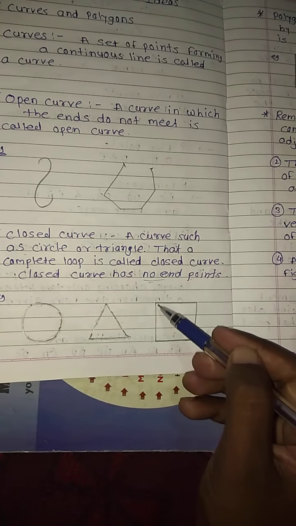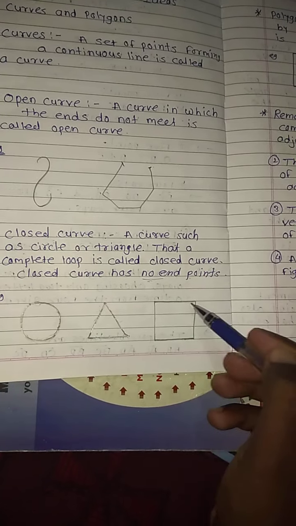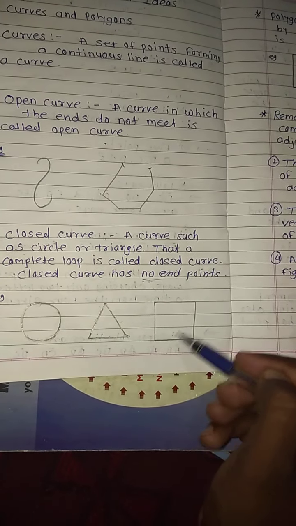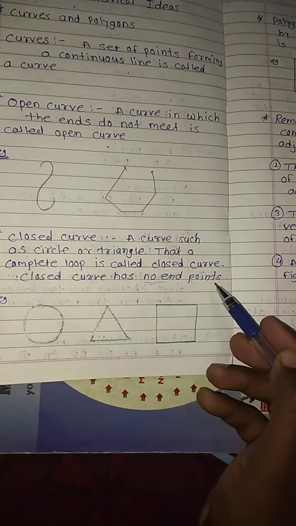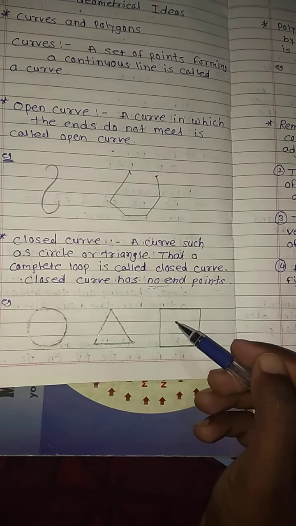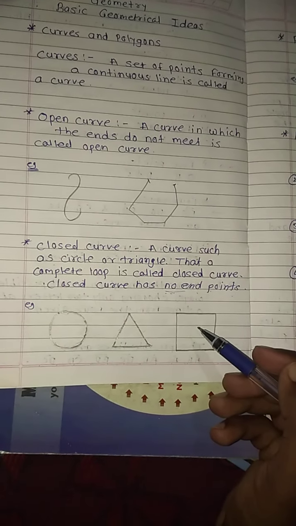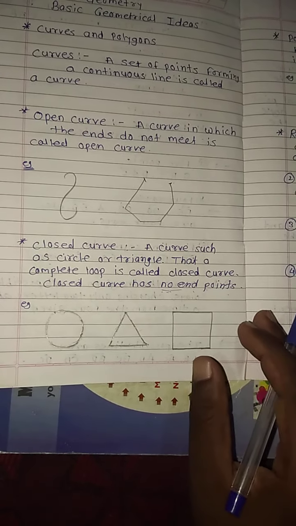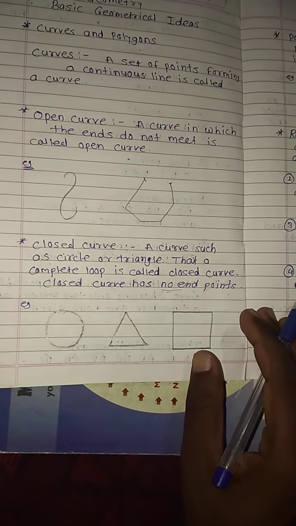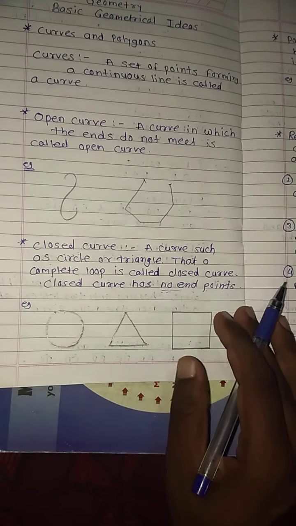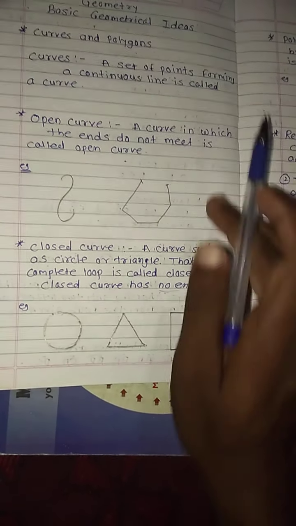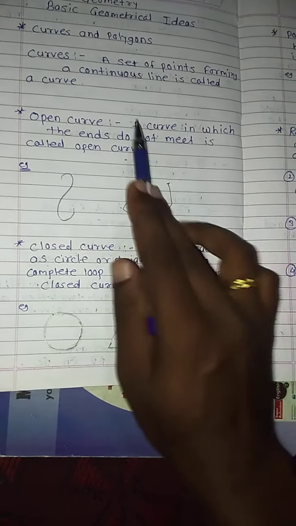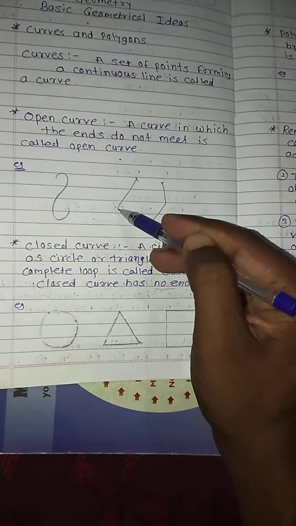You can observe this square also. Here we cannot find an end point, that is why this is called a closed figure. I hope you understand what is meant by a closed curve, an open curve, and a curve. Curve means a set of points forming a continuous line. This is a continuous line, this is also a continuous line.